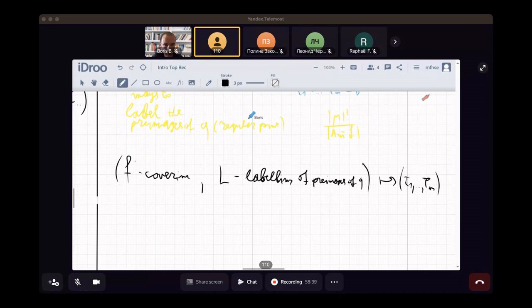Okay, so we have again a covering and a labeling.